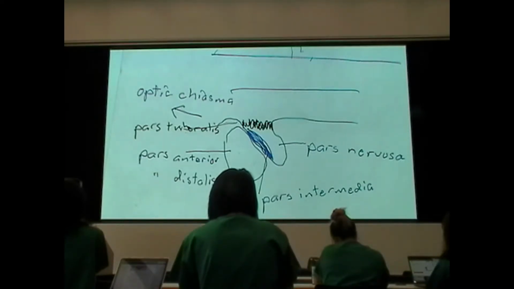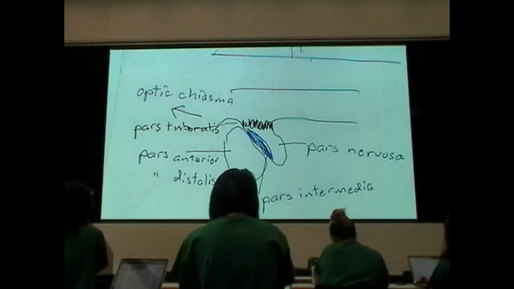However, as the metaphysis is pushing the end of the bone outward, it's being destroyed in part along its bottom. So the metaphysis never gets really thicker, but it's moving the end of the bone upward. The operation of the metaphysis depends largely on growth hormone.